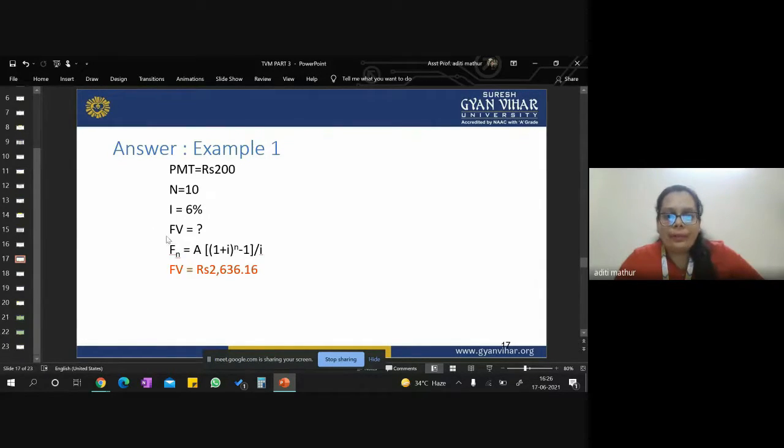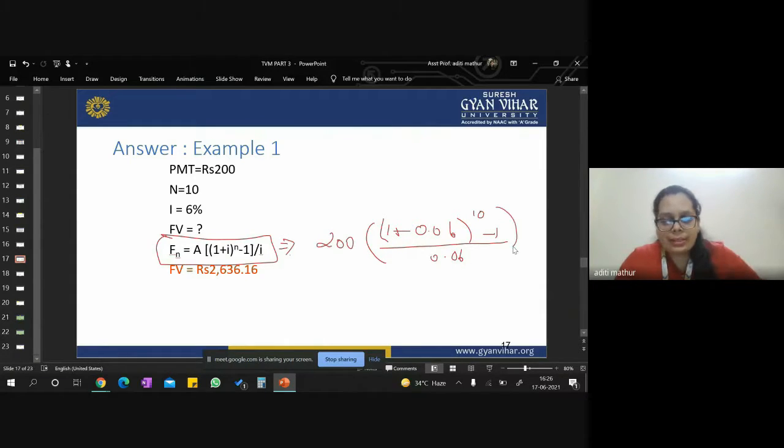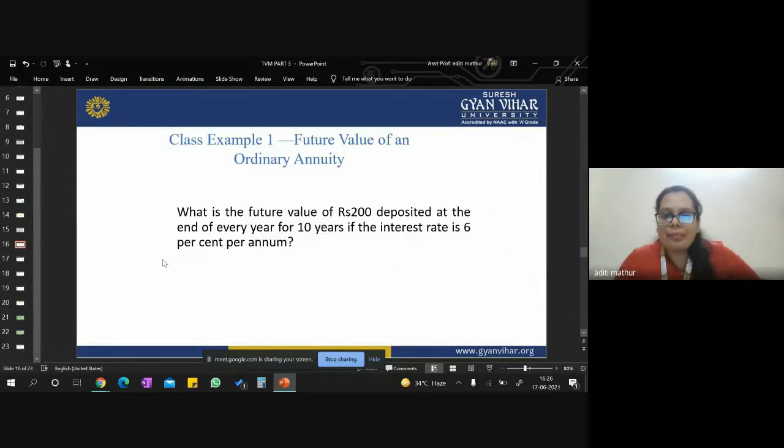If we put in all the values, it is going to be 200 into (1 plus 0.06 to the power of 10, minus 1) divided by 0.06. Now let us check the table.